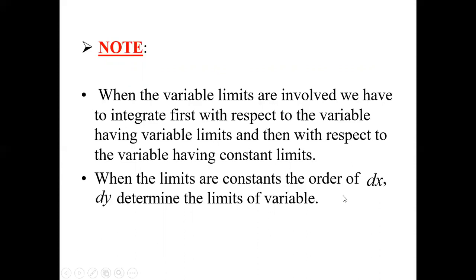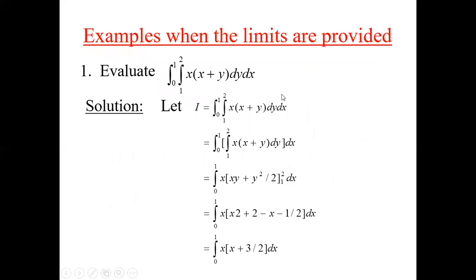When the limits are constant, the order of dx and dy determines the limits of the variables. Then we'll see some examples. Then it becomes clear how to evaluate the double integrals.